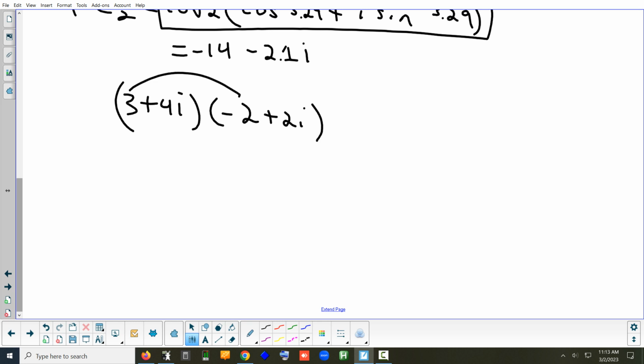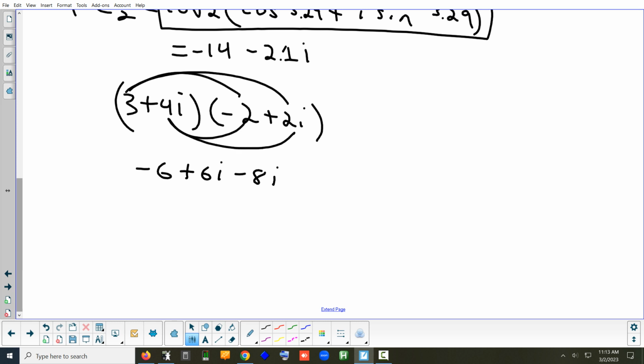All right, what's 3 times negative 2? Negative 6. And then 3 times 2i is 6i. And then negative 8i. It might not come out quite exact because we had some rounding in there, but it's close. If we went to more decimal places, it would have been better.